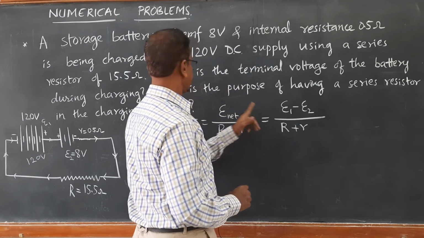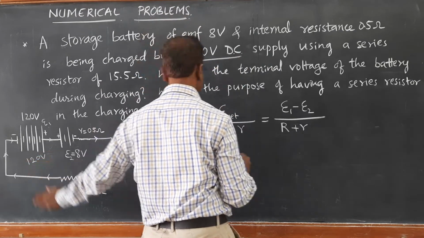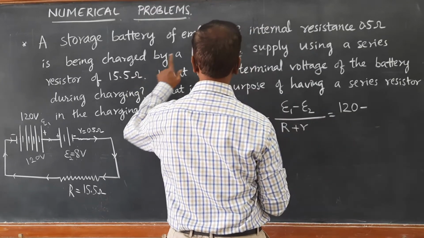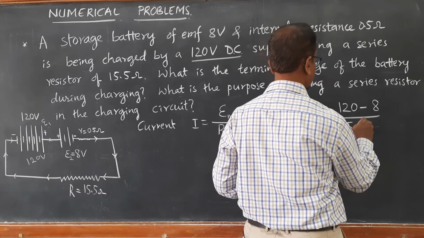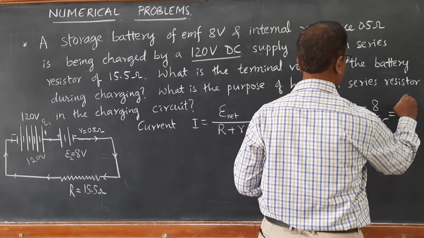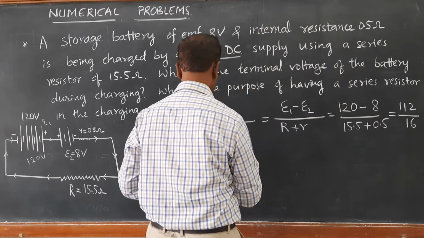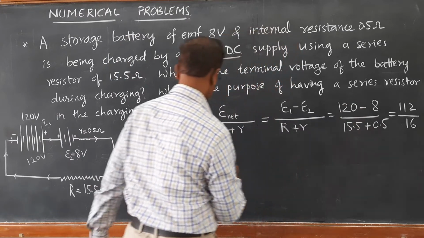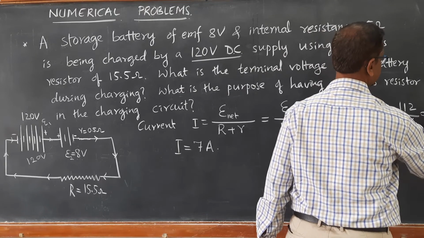E1 is given 120, and E2 is 8 volts, divided by external resistance 15.5 and internal resistance 0.5. So this becomes very simple, 112 divided by 16. 112 divided by 16 gives us the current I equal to 7 ampere. So current becomes 7 ampere.